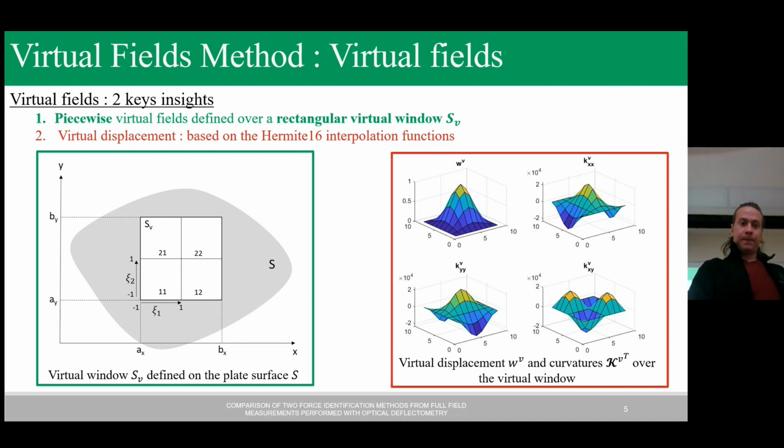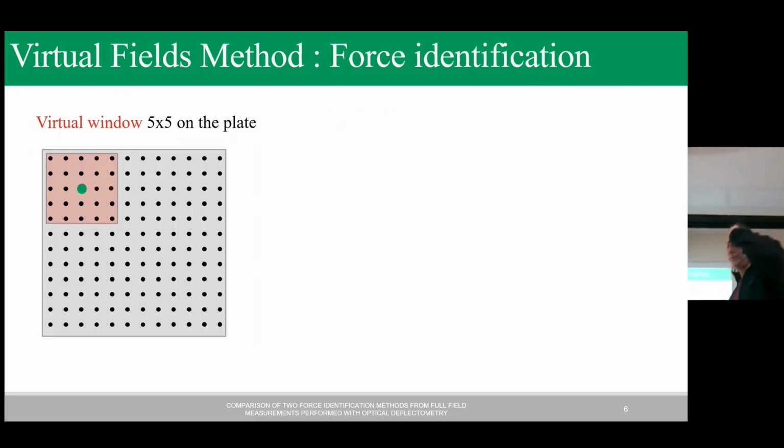So concretely, how do we do that? Here's our virtual window position on our measurement mesh on the plate. As we can see, the virtual window is smaller than the entire surface.